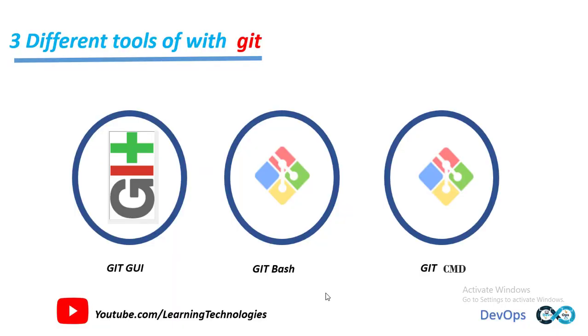Now let me give you a small introduction about these three tools which are installed with Git. Git for Windows provides Git GUI, Git Bash, and Git CMD. Git GUI is a portable Tcl/Tk based graphical user interface to Git. What is Tcl/Tk? Tcl stands for Tool Command Language.